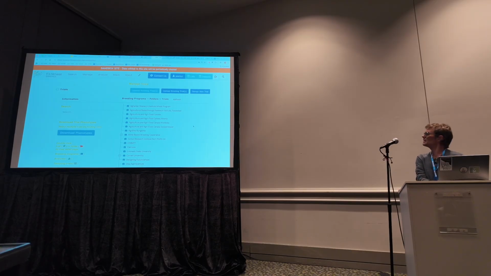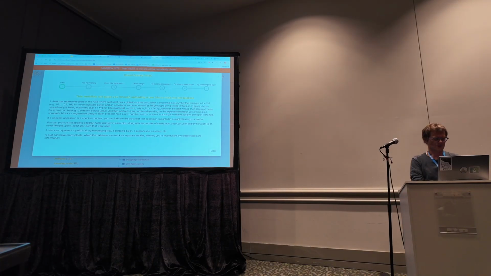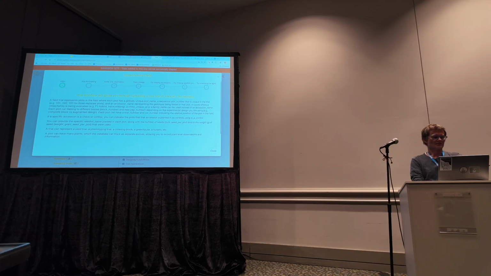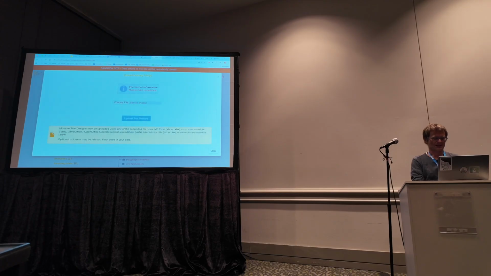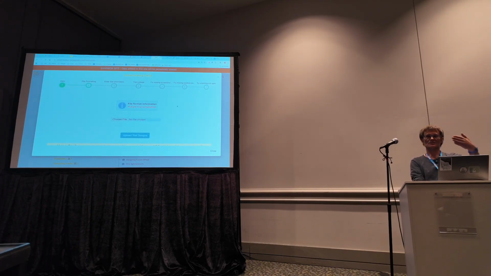What did I just do? Oh, I closed it. Okay. We're going to go to the next step, and that file that was sent to you in the email or over Slack is what we need.